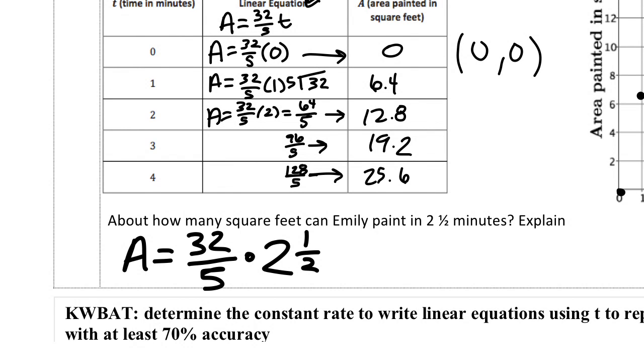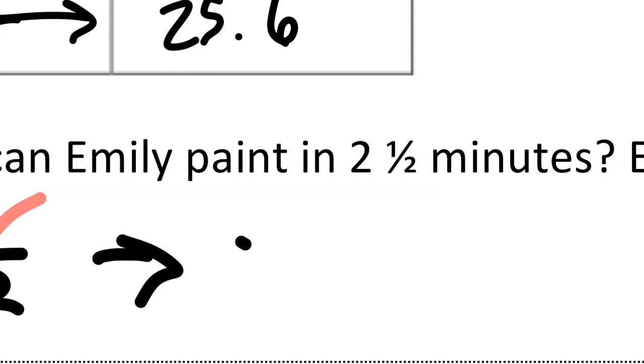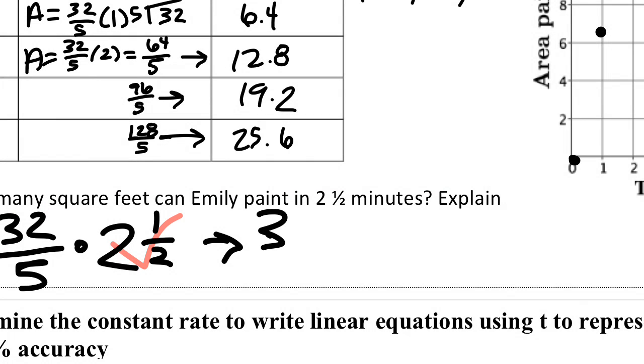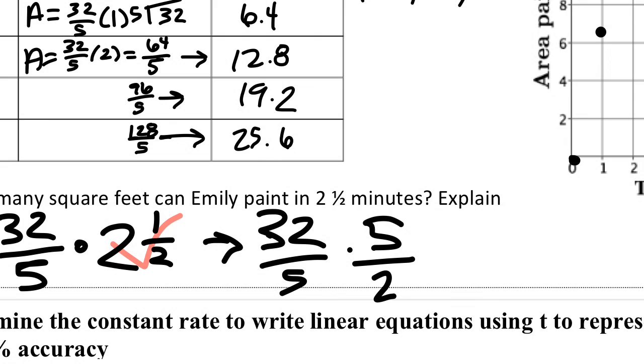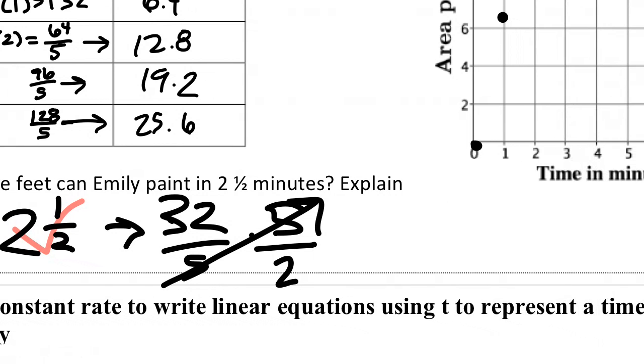So one thing I'm going to do is I'm going to do the check method here. I'm going to write this as a mixed number. So this is going to be 32 over 5 times 5 over 2. When I do that, this will cancel out. 5 divided by 5 cancels out.